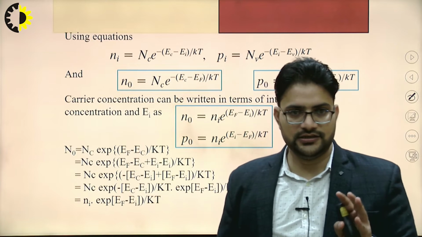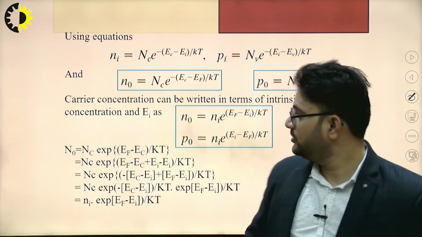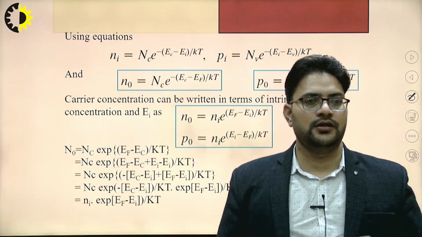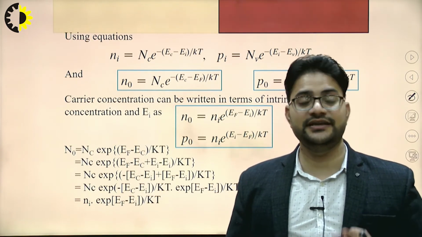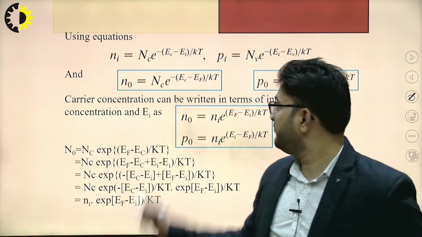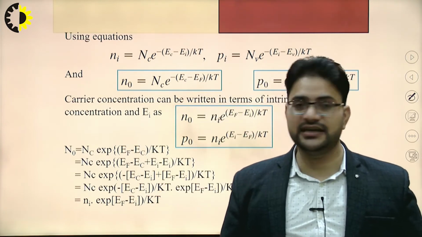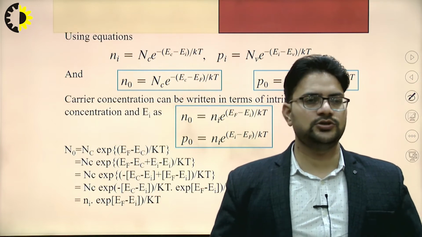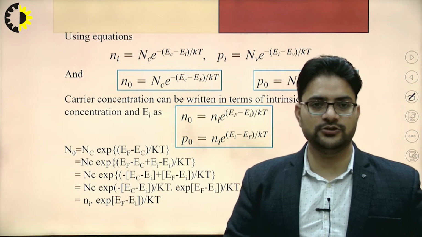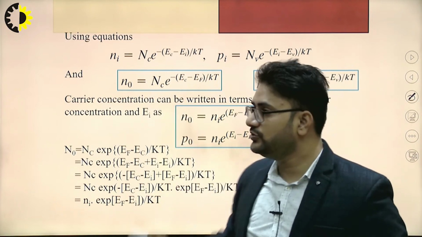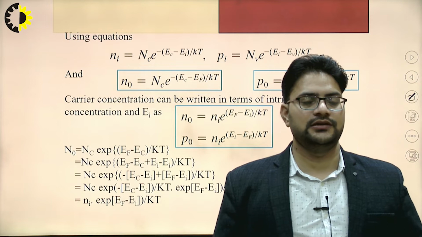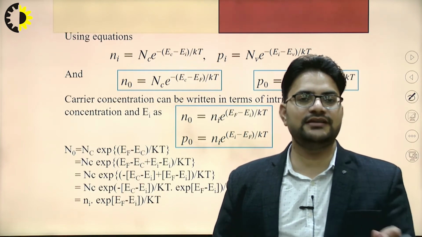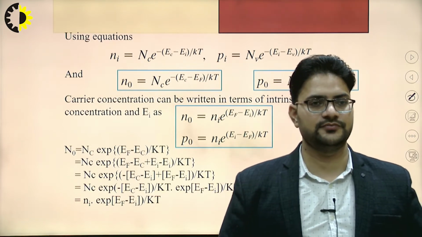So we had discussed up to now that Ni is equal to Nc exponential of minus Ec minus Ei divided by Kt, and Pi is equal to Nv exponential of minus Ei minus Ev divided by Kt, right. We also discussed that N naught is equal to Nc e raised to power minus Ec minus Ef divided by Kt, and P naught is equal to Nv exponential of minus Ef minus Ev divided by Kt, right.